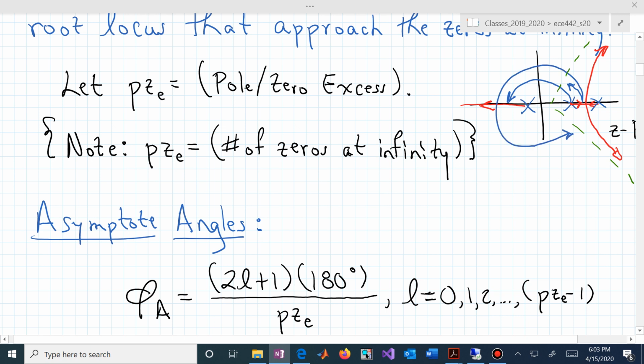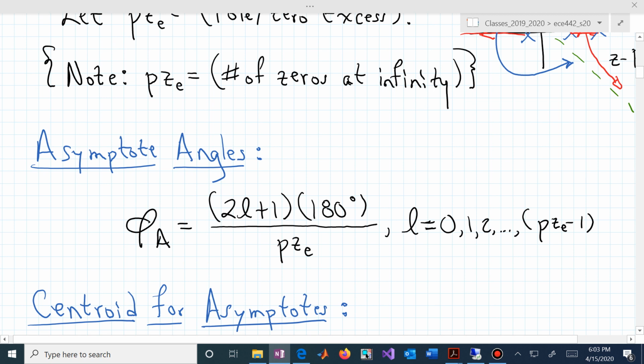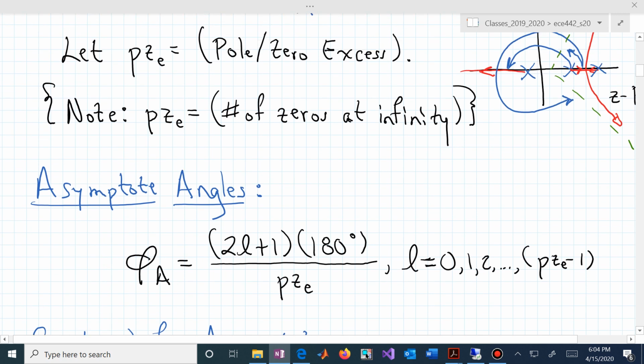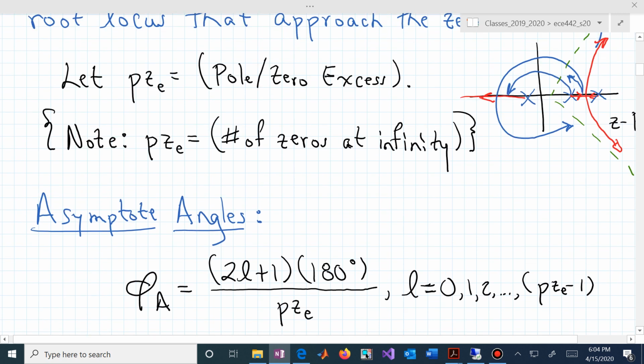Those are our 3 asymptote angles, phi sub A, and those are indexed through this variable L that increments from 0 to 1 up to the pole zero excess minus 1. In this case, we have a pole zero excess of 3. We would look at L equal to 0, up to 1, up to 3 minus 1, or 2.